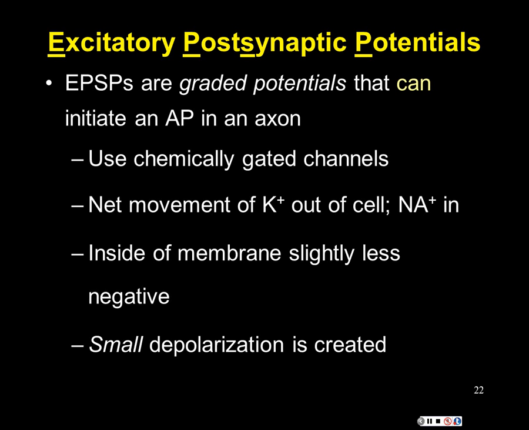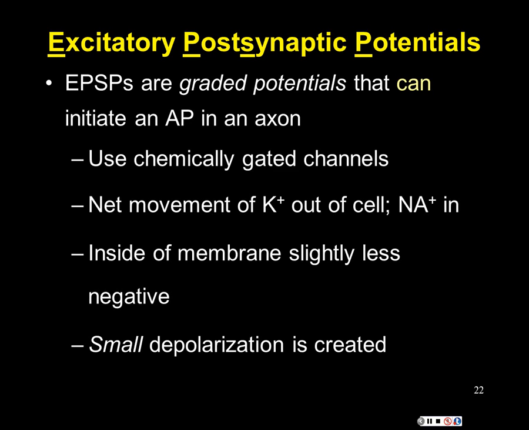Excitatory postsynaptic potentials cause the postsynaptic cell to become a little less negative, causing a slight depolarization, but the big thing is the postsynaptic cell doesn't cross threshold. It might be less confusing if you scratch out the word initiate and put the word favor.